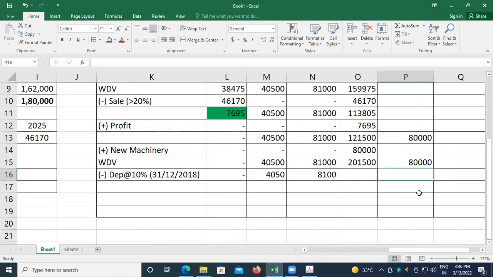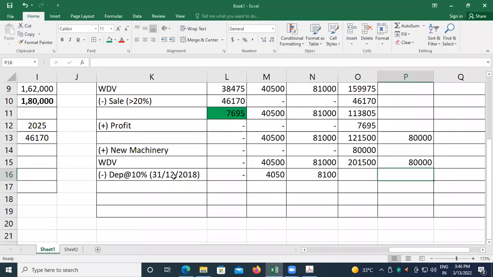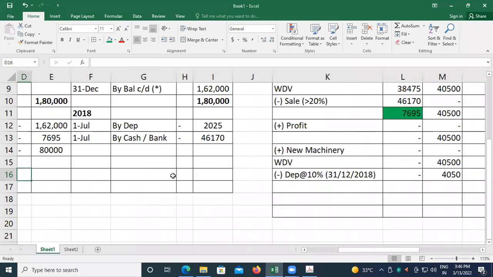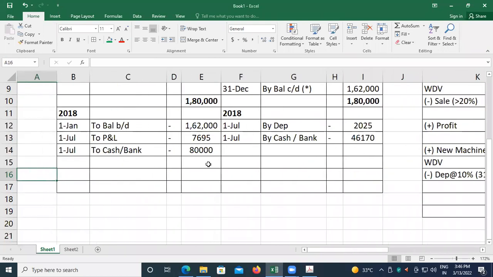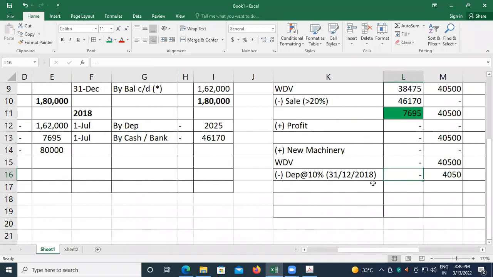Just see in the question, another machine was purchased on 1st of July 2018, which was costing how much? 80,000 on the same date. Means we have purchased on 1st July, means from July to December. How many months we have to calculate? Because we had started with our 1st July 2018. So till December 2018, what is the value of this asset now?